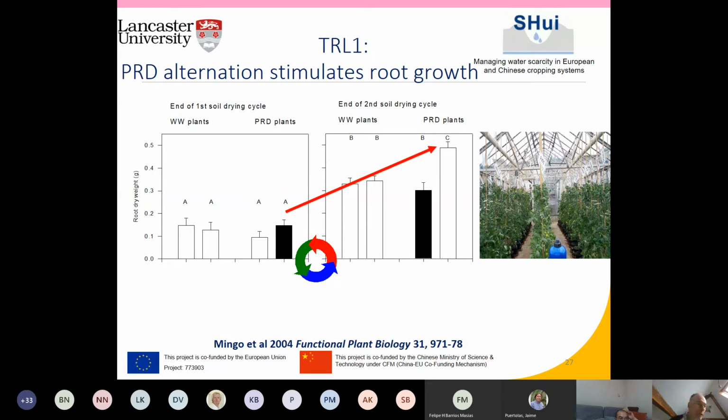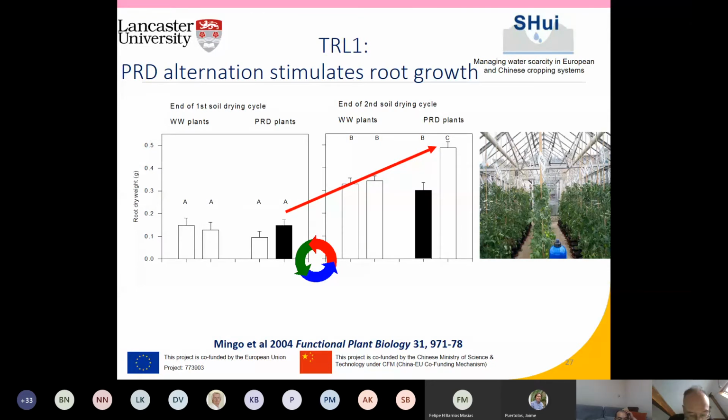Now, over a series of wetting and drying cycles, this effect became quite significant, so that after 4 wetting and drying cycles, the partial root zone drying plants had much greater root biomass than the plants that were exposed to well-watered conditions.